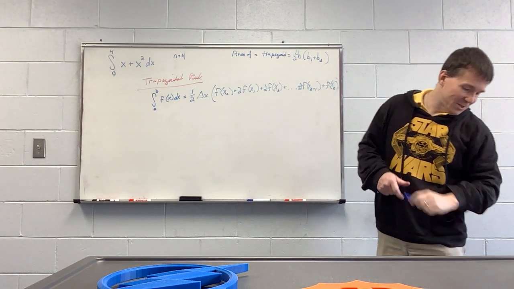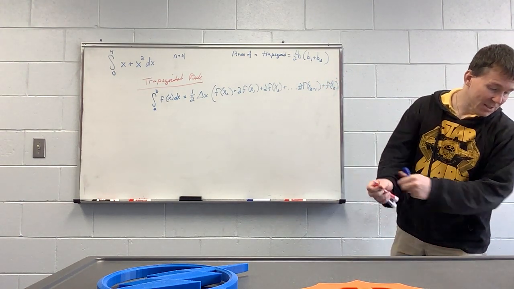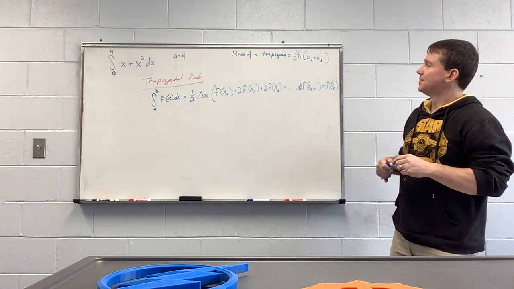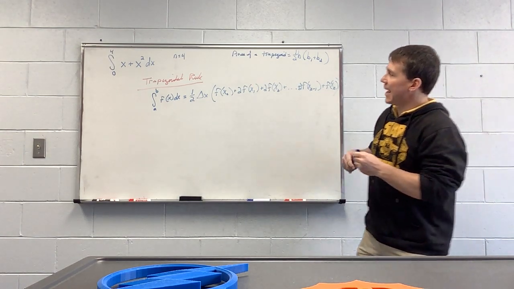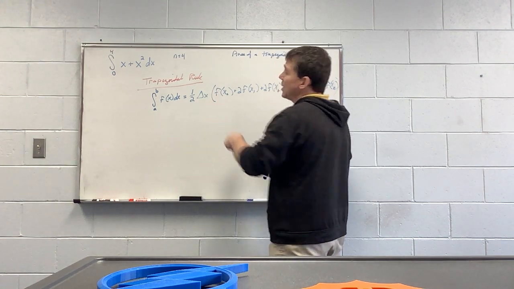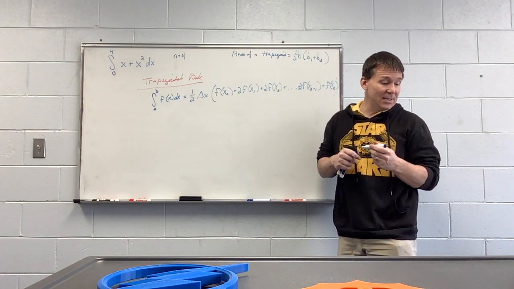And I'm going to check to make sure I'm using the same notation as your book. I am. Good. Where again, you can write that as delta x if you want.